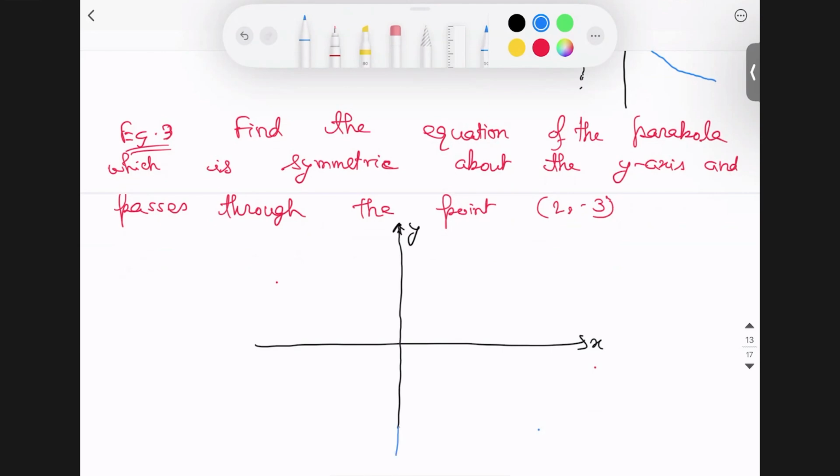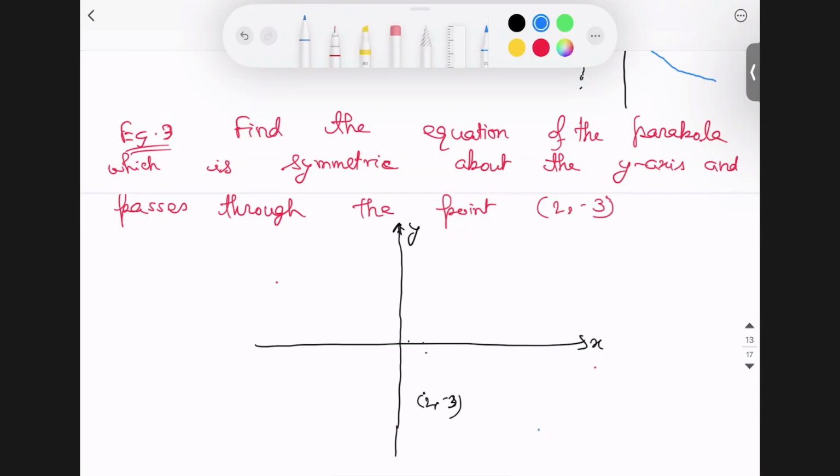For that, we can see the second condition, that the parabola will pass through the point 2 comma minus 3. That means x coordinate is positive and y coordinate is negative, so the point is in the fourth quadrant.